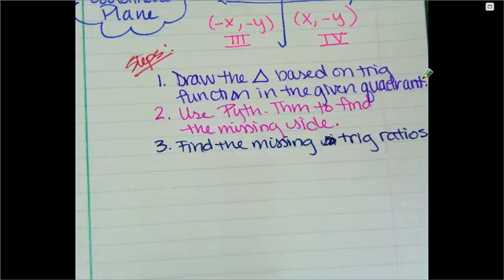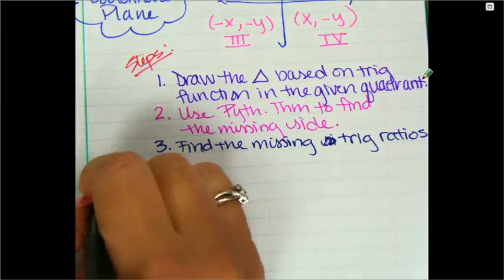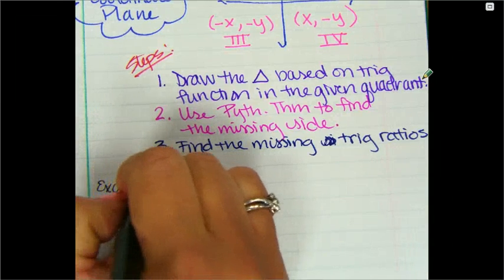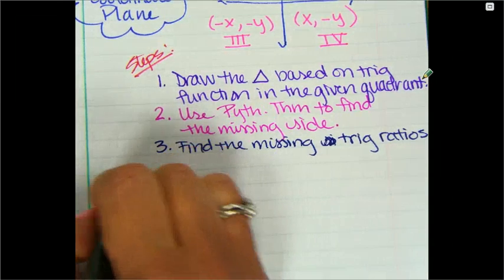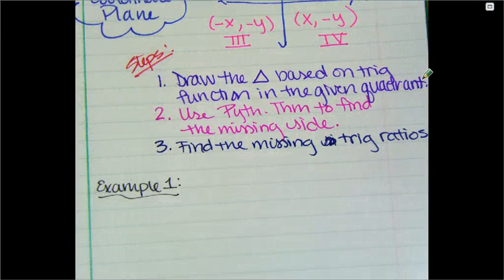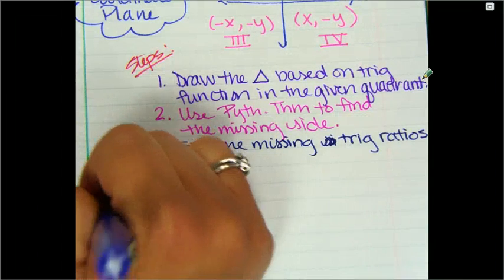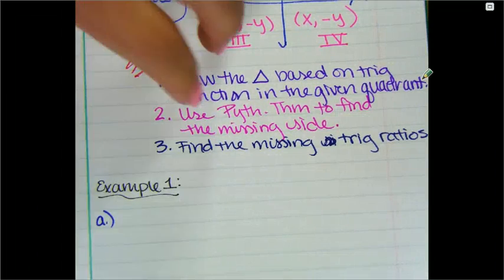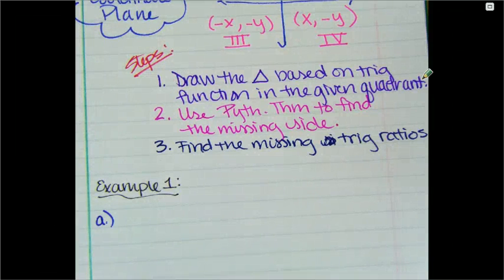Okay? Example 1 is going to be based on trig and the coordinate plane. So all of example 1, I'm going to have a couple of them. They're going to be based on this one right here. Then I'm going to do Pythag identity, then I'll do another example.